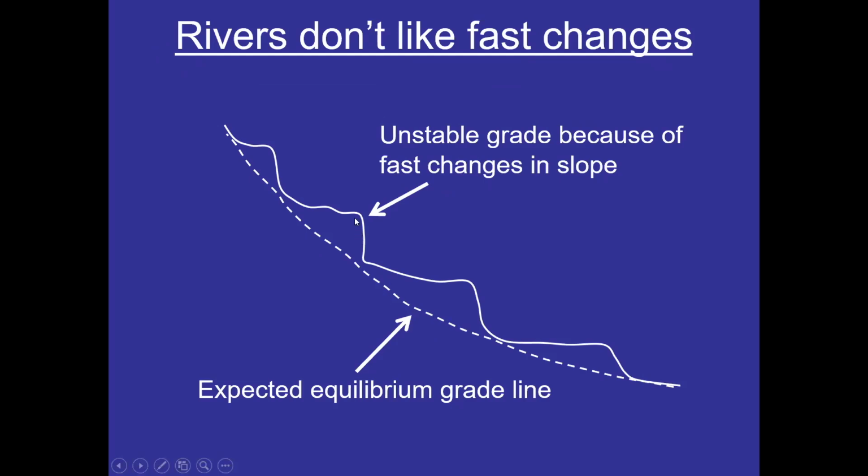If you have a river system with steep, sharp drops where all the elevation change is occurring at one or a few points, this would be an unstable configuration, and the river is working towards creating that smooth equilibrium grade line, I will call it.